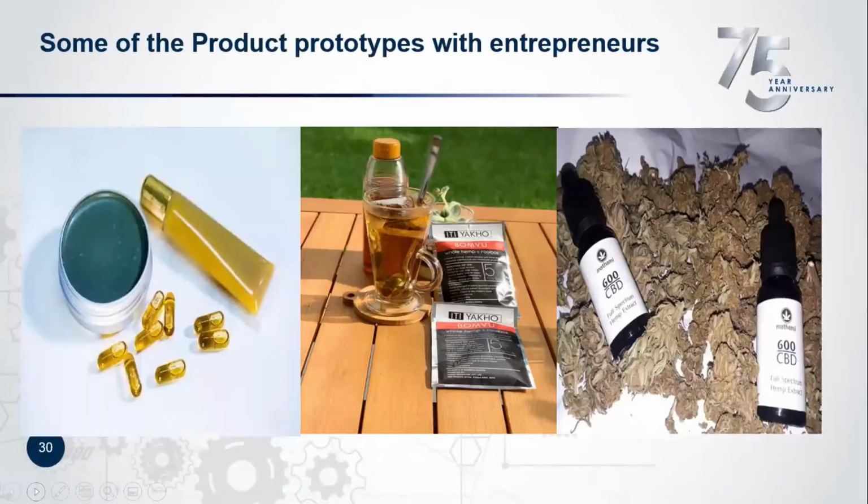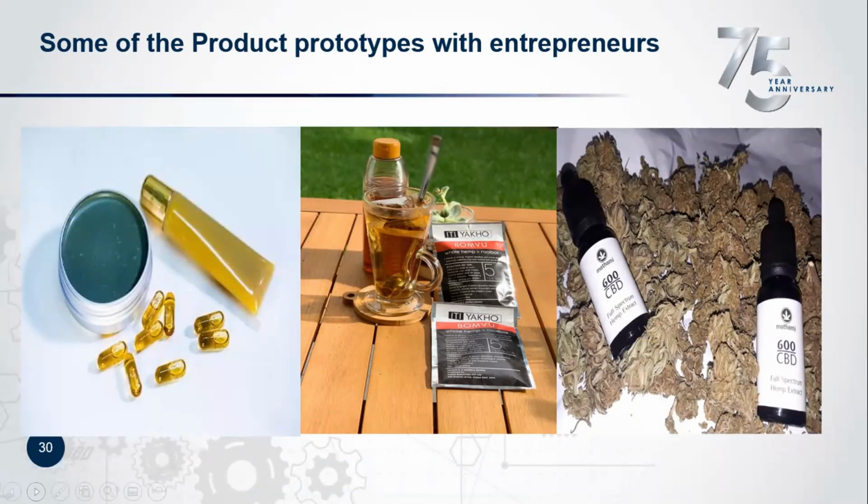And these are some of the products. These are some from Houghton here. People bring their products, so we're going to start working with these products to see how we can improve them. You may see some of them, but they have their own pitfalls, which we can work on easily here at the CSIR. This is a lip balm on the left. What we realized is that when you leave it for some time, the stability was very poor.